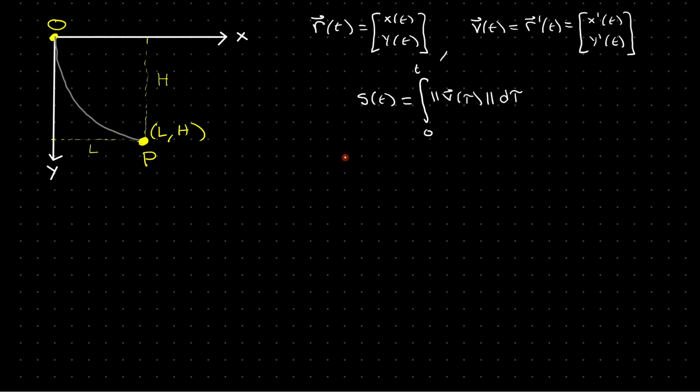Now, taking the derivative of this, or ds/dt, gives you a relationship between the rate of change of arc length with respect to time, and this is found just by using the fundamental theorem of calculus, which is basically saying that the derivative of this integral will be the function underlying here.